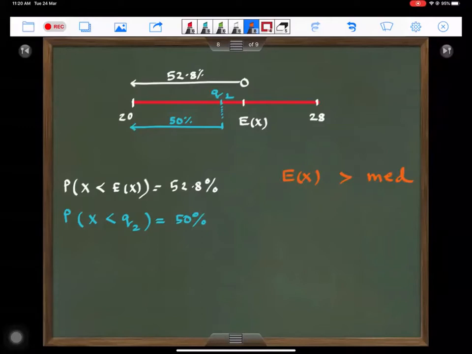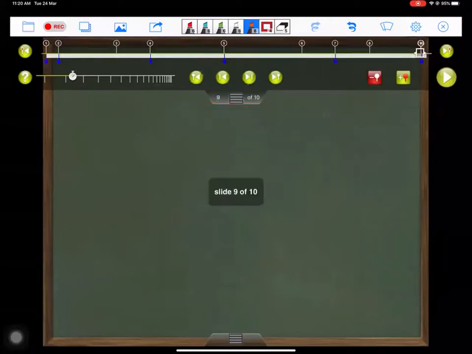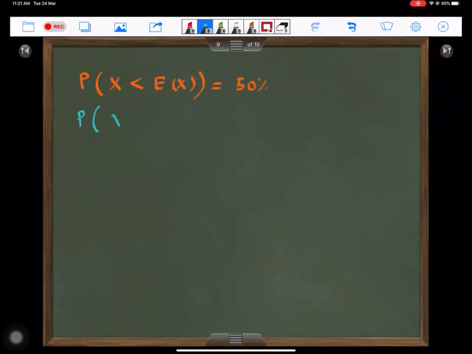Now let's use this question and add some more flavor to it. For example, a scenario in which probability x lesser than expectation of x comes out to be 50%. And we know for a fact probability x lesser than median is also 50%.